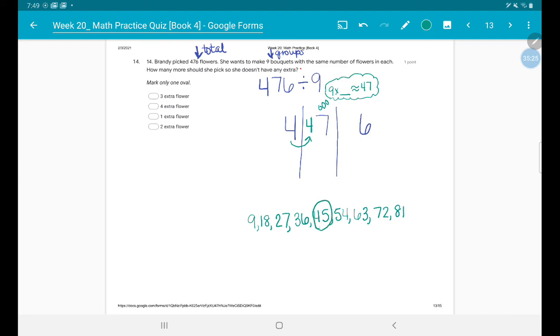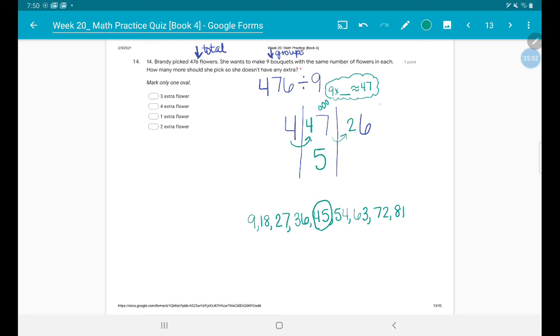Well, 45 is the closest I can get, so that's going to be 9 times 5. So I can put 5 in each group, and I would have 2 left over, so I'm going to move those 2 extra over here to my ones. So I have 26 to divide into 9 equal groups.